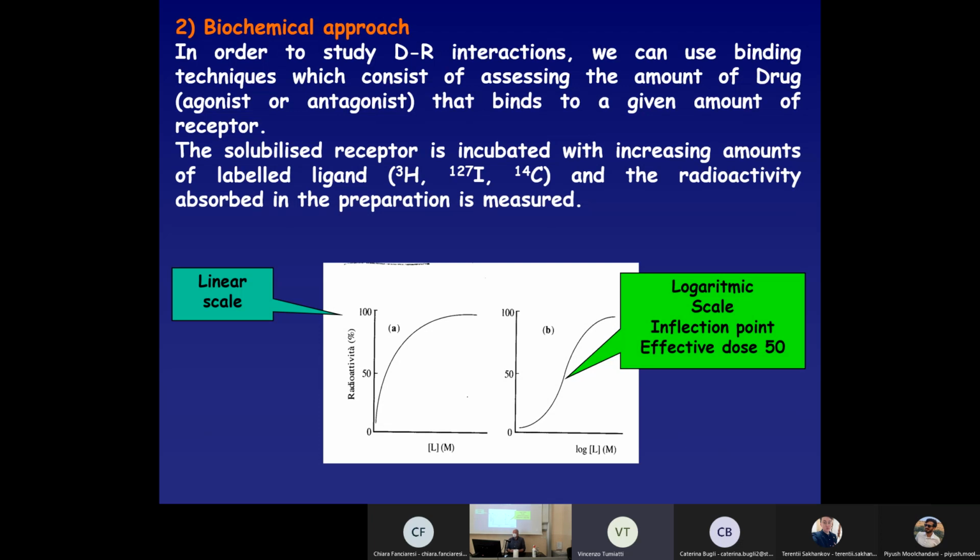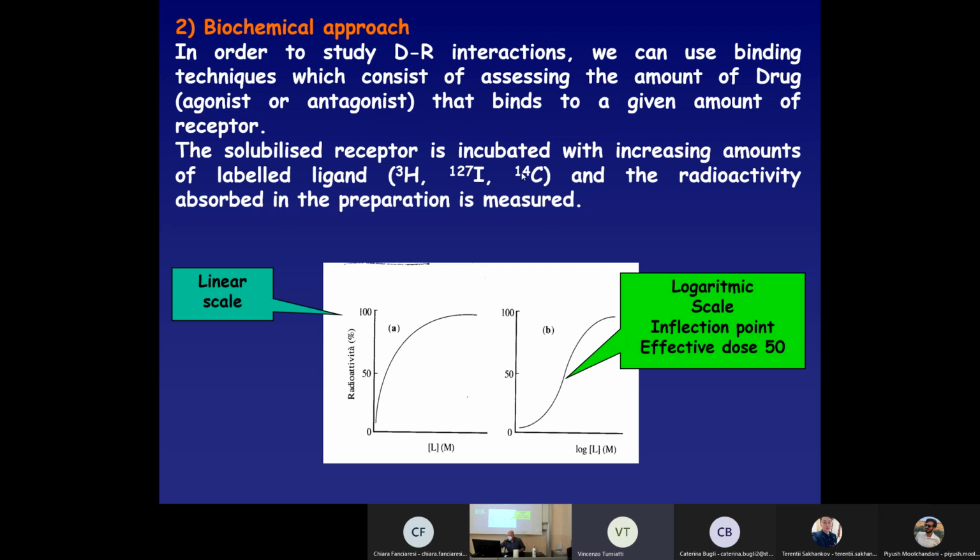In this approach, we have to use a radio-labeled ligand, so we have to introduce radioactive atom inside our molecule, and sometimes it's not so easy to introduce a radioactive atom inside our agonist because we have to synthesize again the molecules.